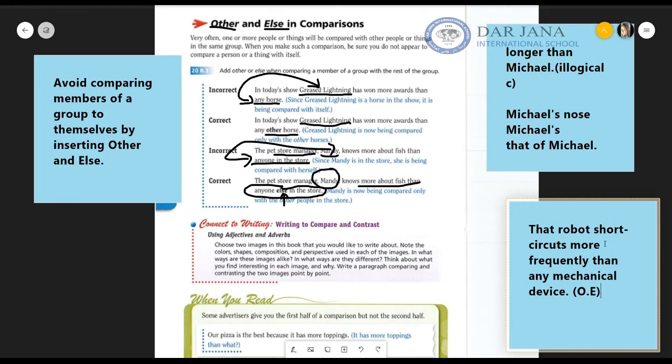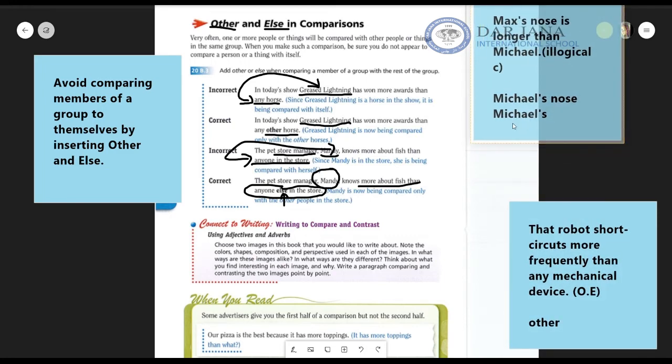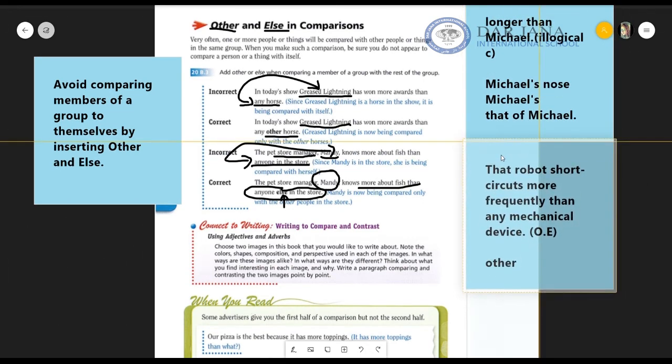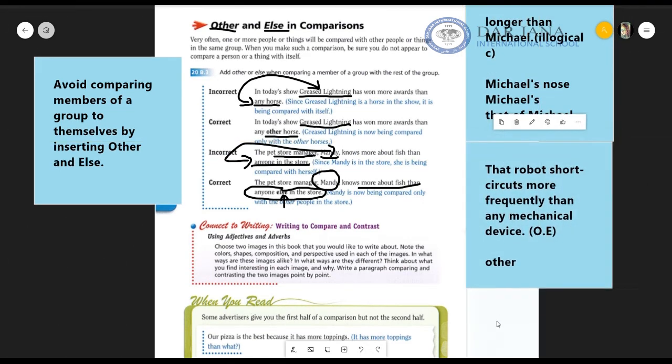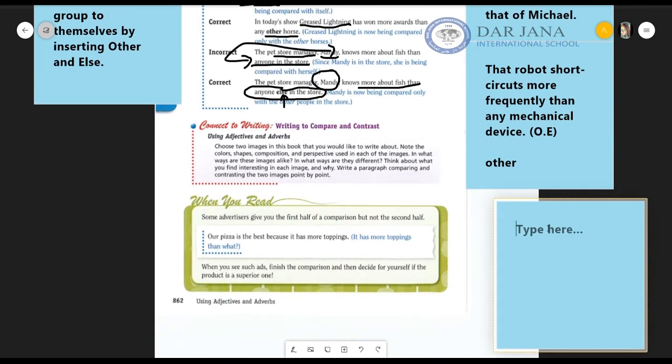"That robot short circuits more frequently than any other mechanical device." If I don't add "other," the sentence would mean that that mechanical device short circuits more frequently than any mechanical device. Since it's a mechanical device, I'm comparing it to itself. So it short circuits more than itself, which makes no sense. Okay, so this was using OE, which is else or other.